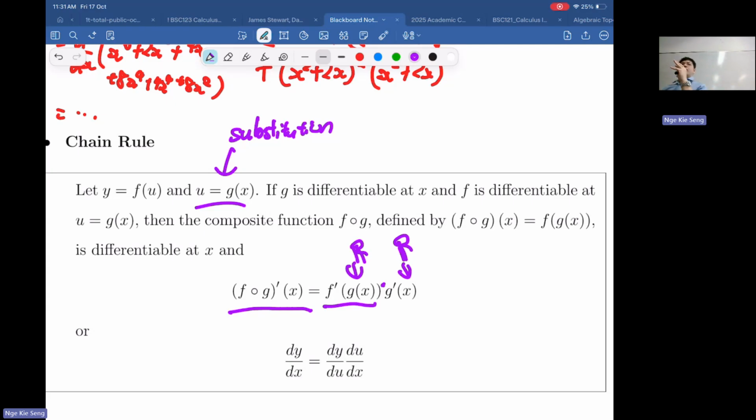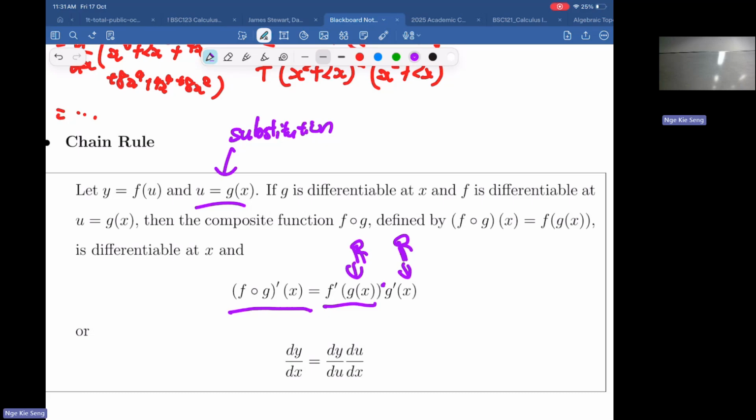So you go from a composite function to a multiplication of numbers. In short, this is one instance where it looks like dy dx is a fraction. You can imagine dy cancelling with dy, but in general, it's just dy over dx.